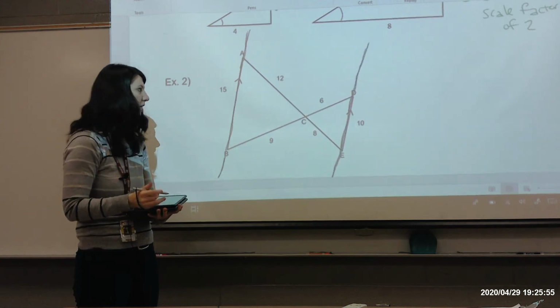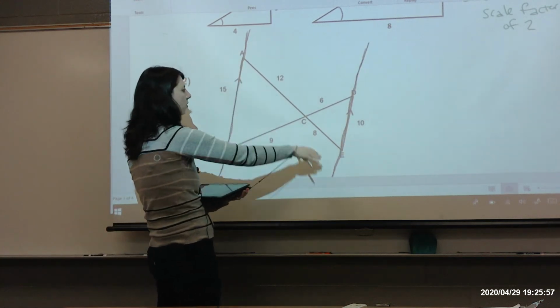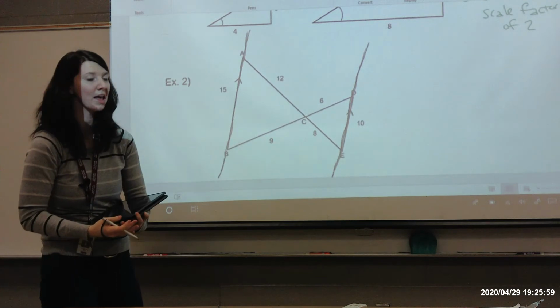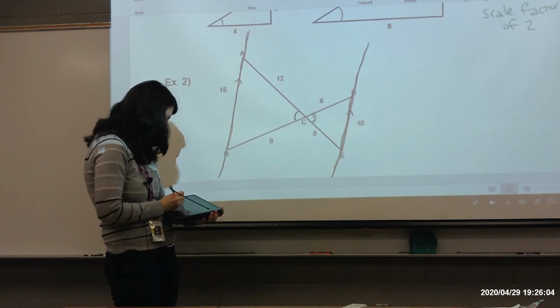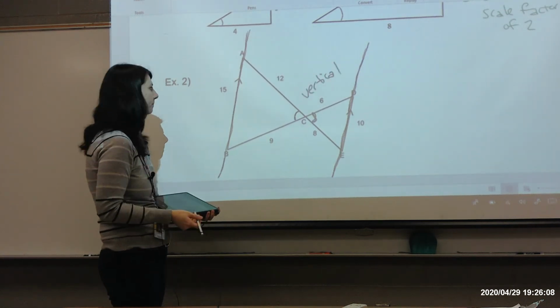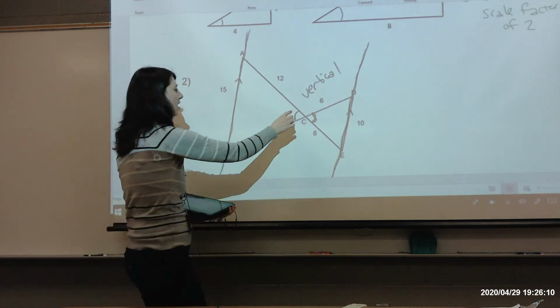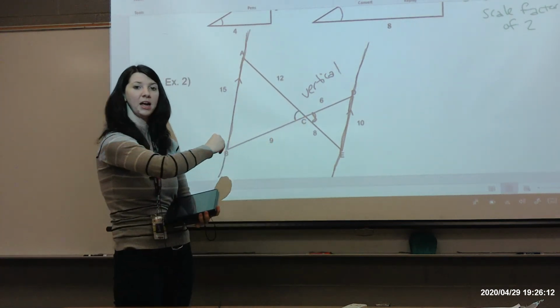Okay, if I have parallel lines with a line going through it, then we have some congruent angles. We have these two angles here in the center. I know they're congruent. They're called vertical angles. Vertical angles, okay? It's kind of like kissing angles is sometimes a term I've heard.